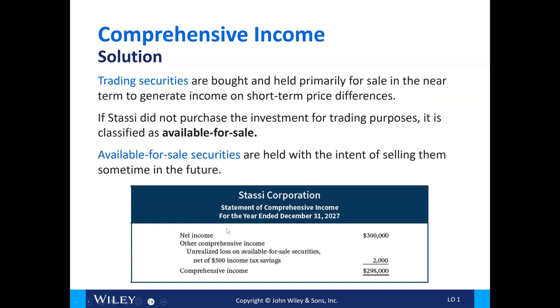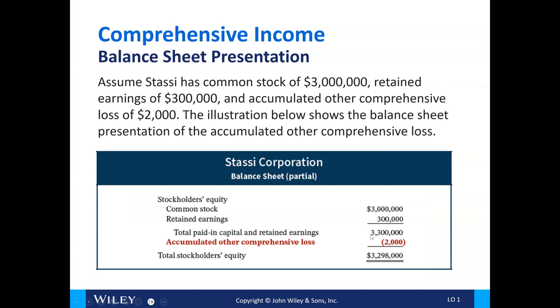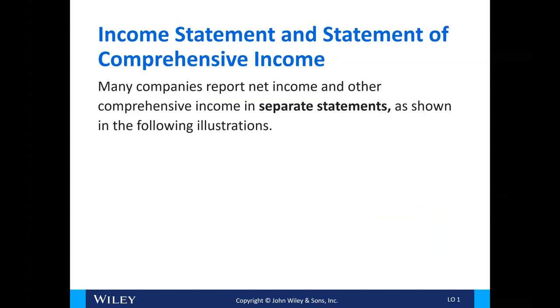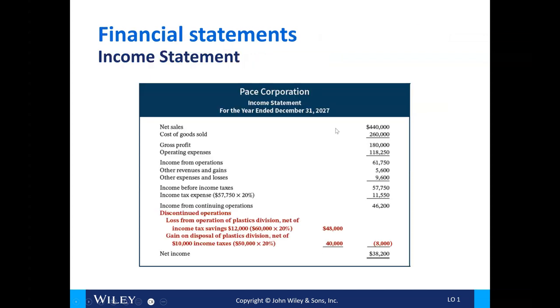So you can see here the unrealized loss on available for sale securities, net of $500 income tax savings. So comprehensive income was 298,000, even though net income was 300,000. Many companies report net income and other comprehensive income in separate statements.